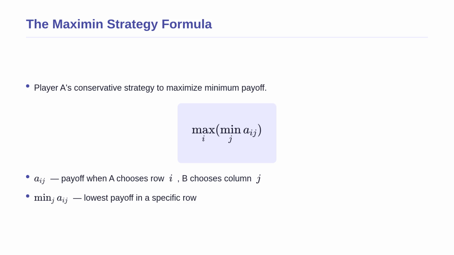The outer part then looks at all those worst case scenarios and selects the highest value among them. If the payoffs in a row increase, the minimum might change, potentially altering player A's final choice. This ensures player A gets the best possible result even when player B plays perfectly.